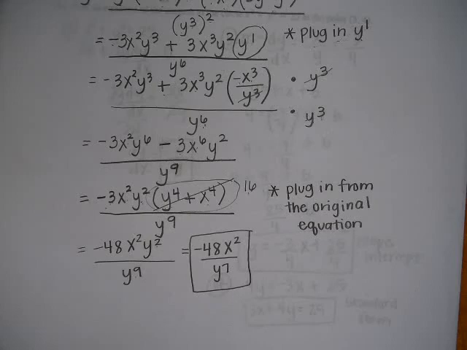Okay? So as a quick recap for implicit, just a few things. Make sure that you remember that when you take the derivative of x's, it's just like normal. When you take the derivative of y, you're going to tack on your y prime. Also, make sure that you're paying attention to your other rules that are embedded into implicit.